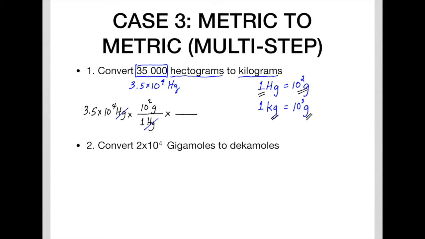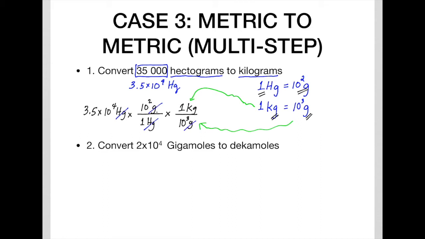Since I see grams on the top, I will write here 10 raised to 3 grams on this side. And the 1 kilogram will be on top. So we have here 1 kilogram.